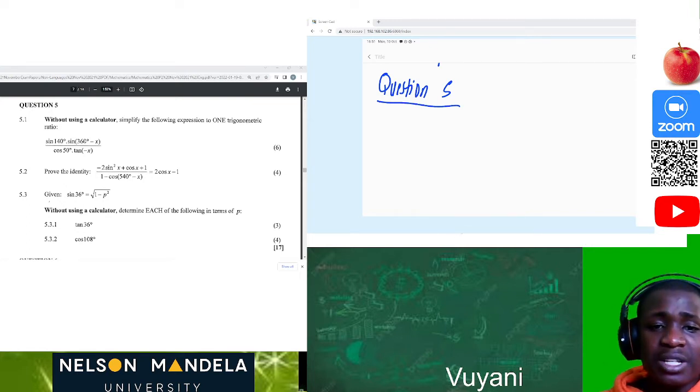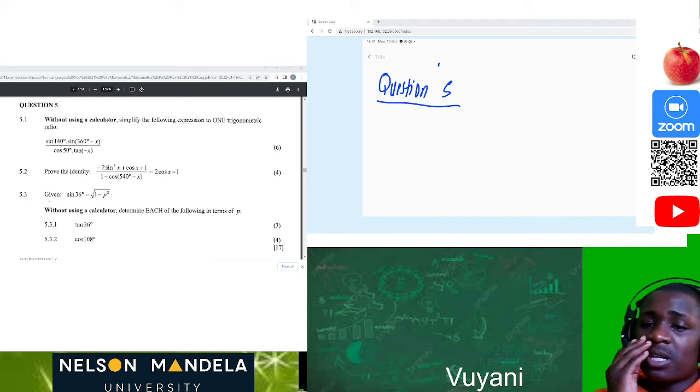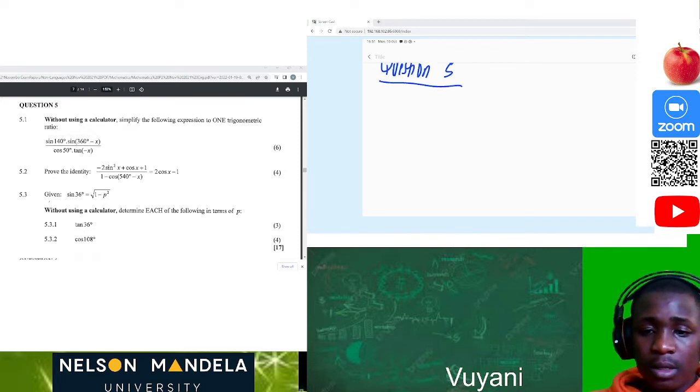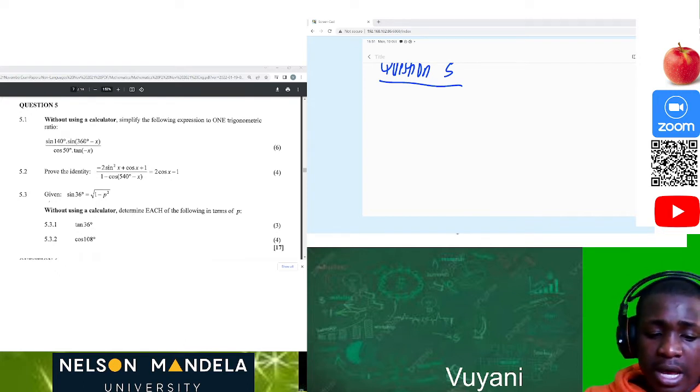Without using a calculator, simplify the following expression to one trigonometric ratio. Okay, great. 5.1.